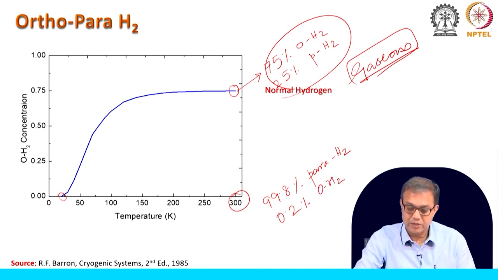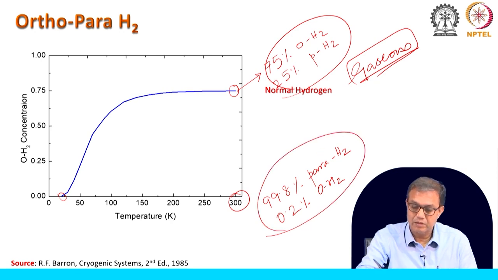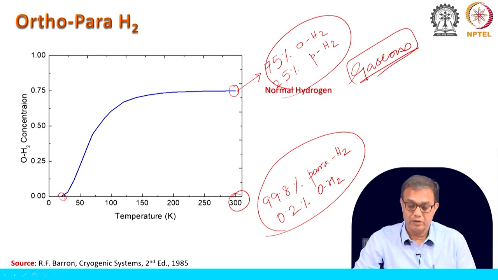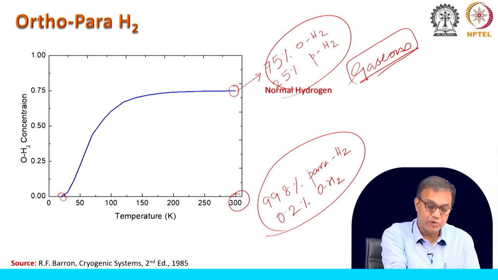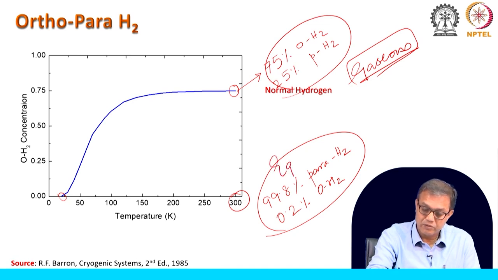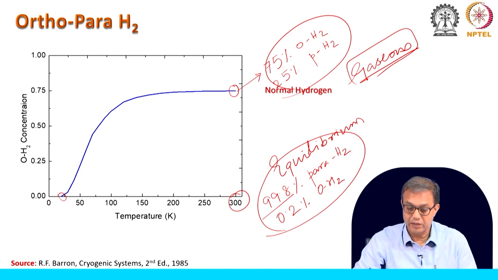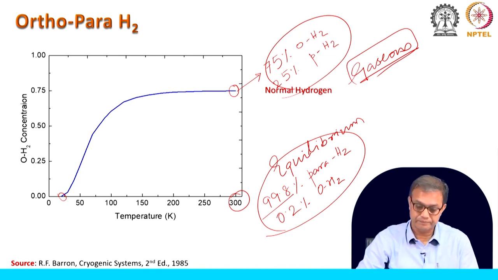So you can understand this complete gas has been converted into the liquid state, and if it comes to equilibrium, then the equilibrium concentration should be 99.8% para-hydrogen and 0.2% ortho-hydrogen.